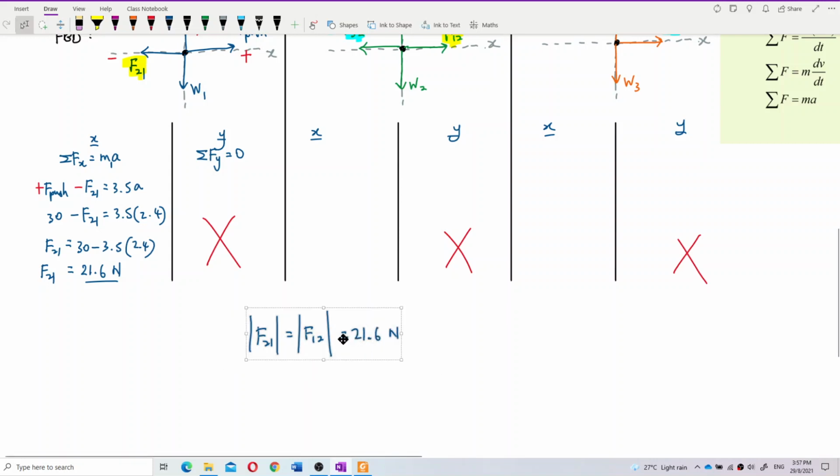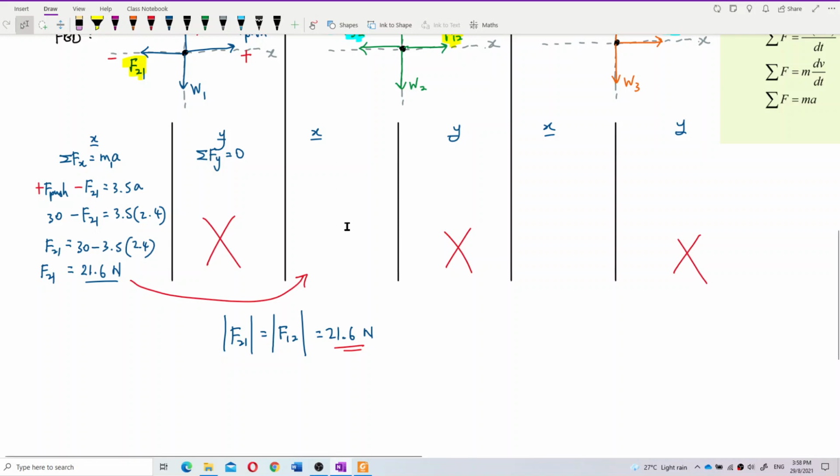Although it is in the opposite direction, it got negative, but just ignore the negative sign. We just want the magnitude. So I can carry forward this 21.6 Newton into here to solve here.